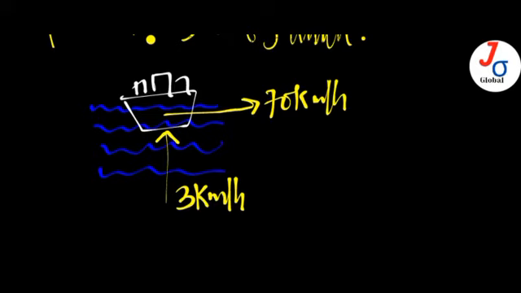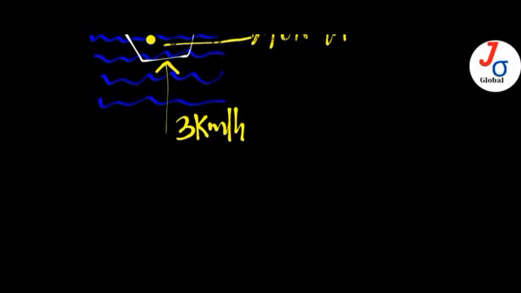Now the question is, what's going to be the relative speed of the boat? Okay, so let me draw that again. It's going like this and then like this. That means the boat is not going to be moving straight.